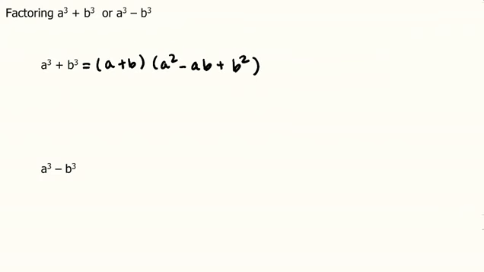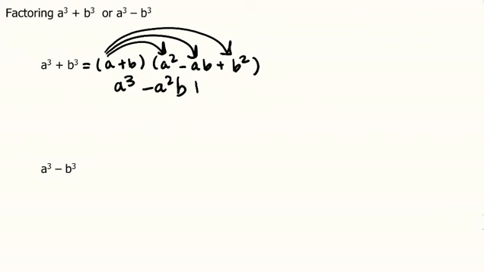All right, so let's see why this is true. Why does this work? I'm going to distribute it back out. So I'm going to have a to the third minus a squared times b plus a times b squared. Then I'm going to bring the b around. So b times a squared is plus a squared b minus a times 2 powers of b.